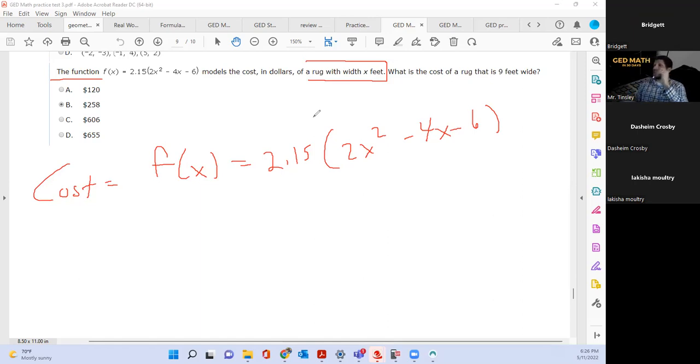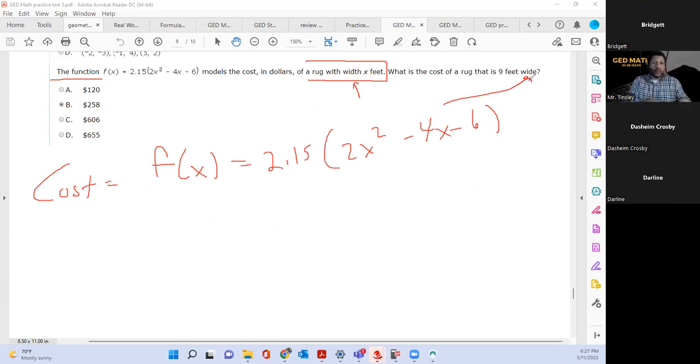So did they tell you the width of the rug? Yes, the width is x, which is what though? It is 9 feet wide. So they gave it to you in words. Here they used the word width, here they use the word wide. But you should know your vocabulary from the area of a rectangle.